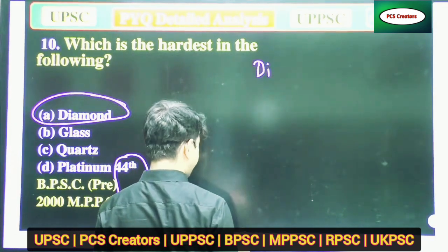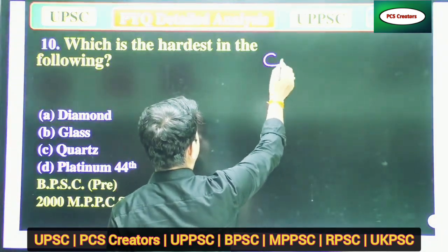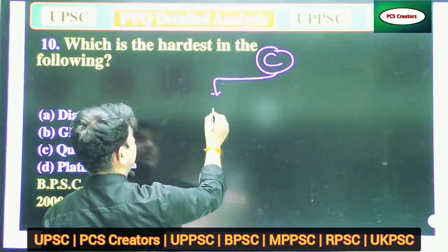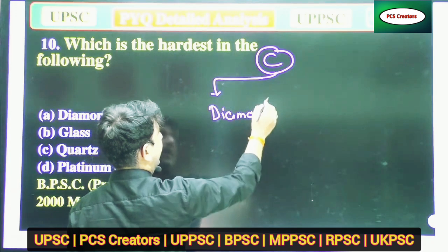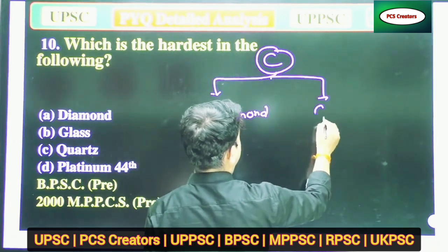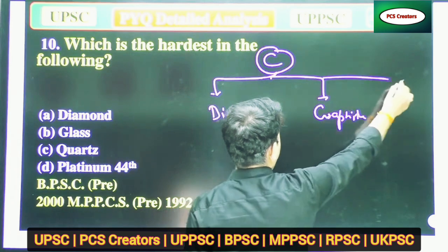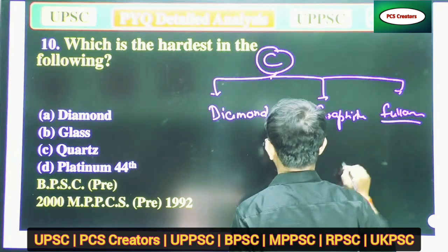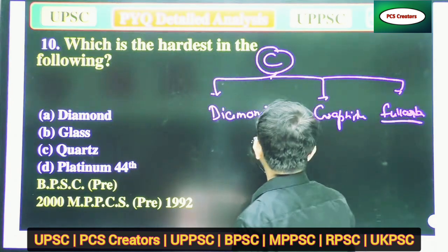When we talk about carbon, carbon is the main element which makes diamond and graphite and fullerenes. These are allotropes.